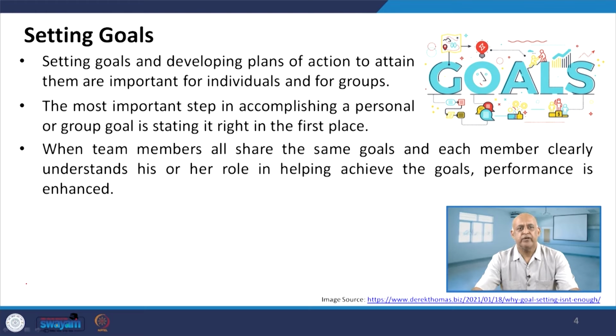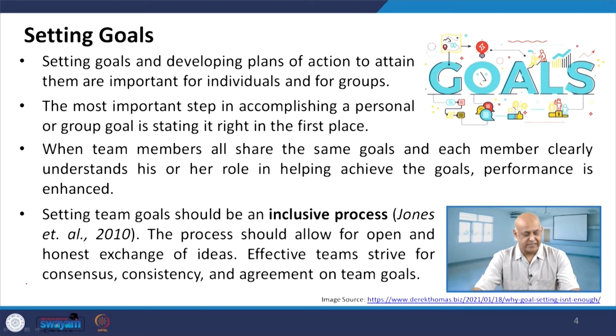So the direction is provided by the vision statement of the organization, and this vision statement should match with the goals. Therefore, the leader's important job becomes setting the goals and accordingly the plan to attain them, so that the ultimate objective of the formation of the team is achieved.